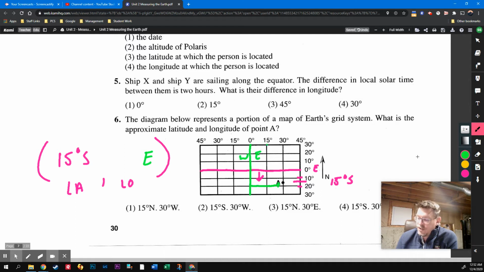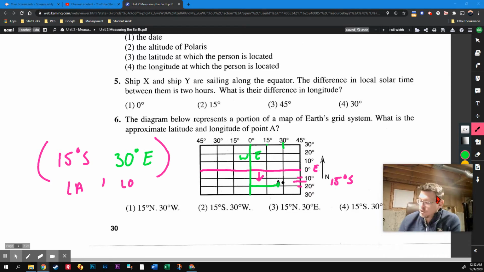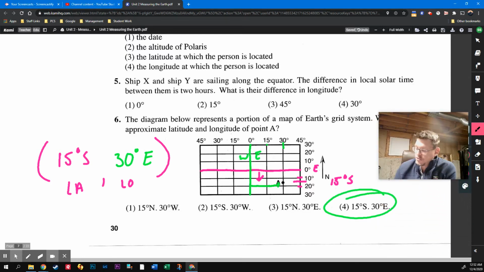I went 15 degrees and 30 degrees, and it's right on the 30-degree meridian, the isoline for longitude. So the value of A has got to be 30 degrees east. Now I know my coordinate pair, so it looks like I'm going to choose option 4. I hope you did well on that question. Let's move on.